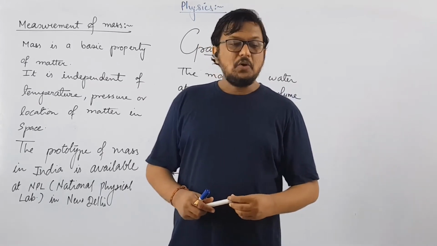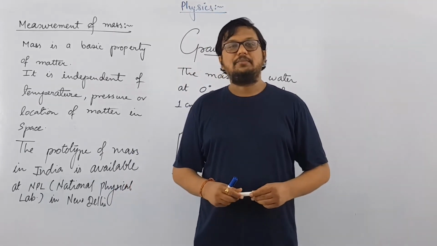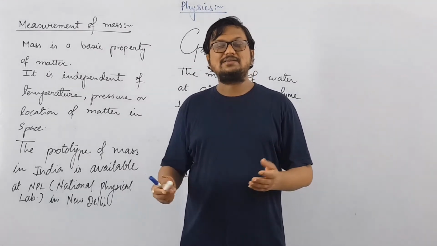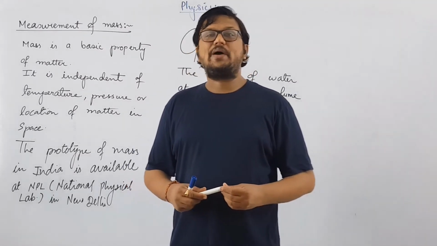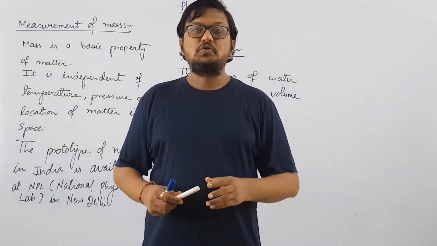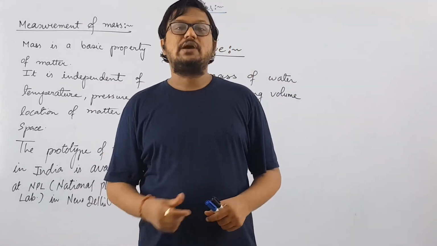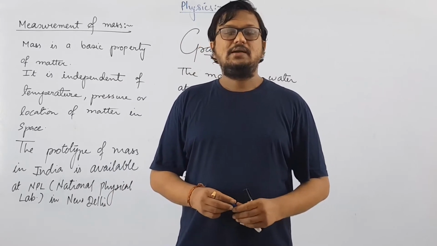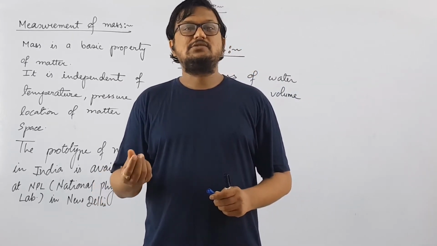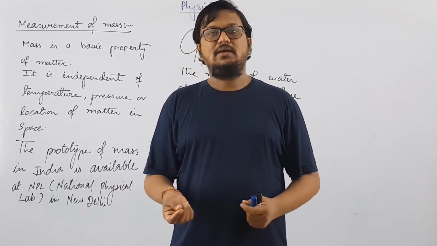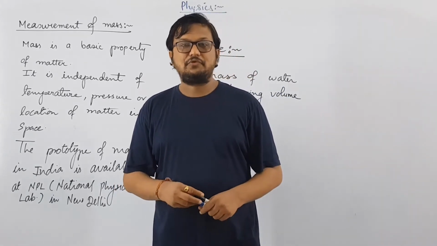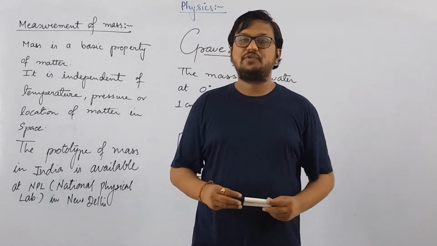Clear? Now, in day-to-day life, 1 gram, the unit of mass, was quite small. Suppose you go to a grocery shop and want to buy something, then what will you measure in terms of gram? A few pieces of grapes, a few almonds will be in terms of gram.